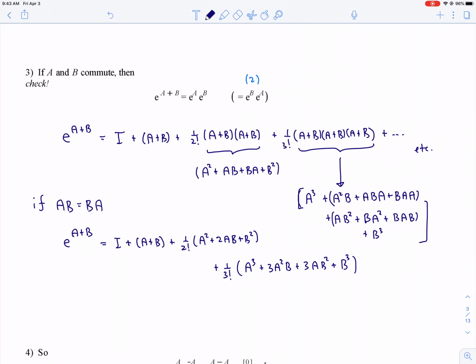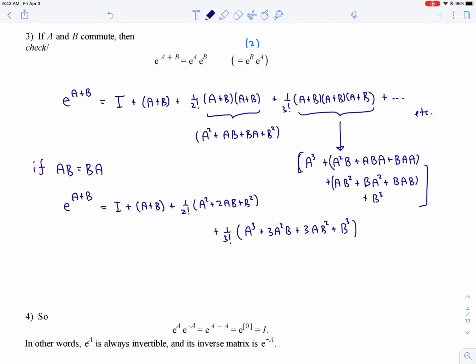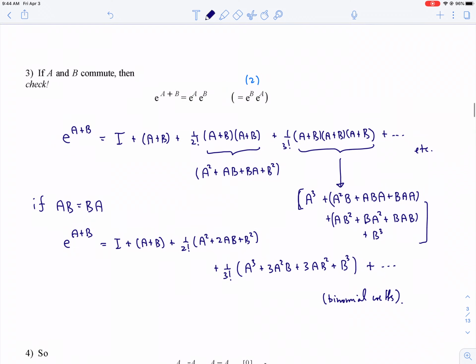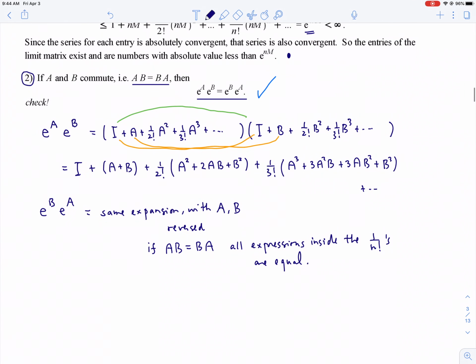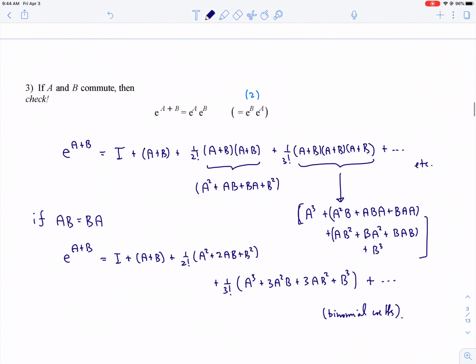And here you can see we're getting the binomial coefficients that show up when you take, say, scalar x plus y to the nth using combination coefficients. All right, well, this expression is exactly the expression that we had for e to the A times e to the B.